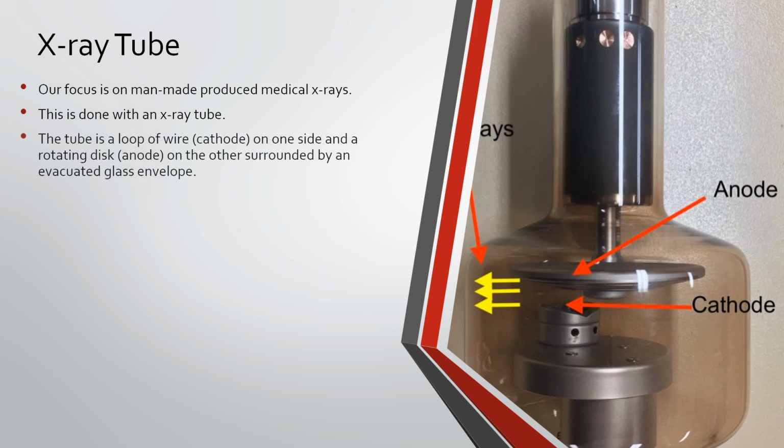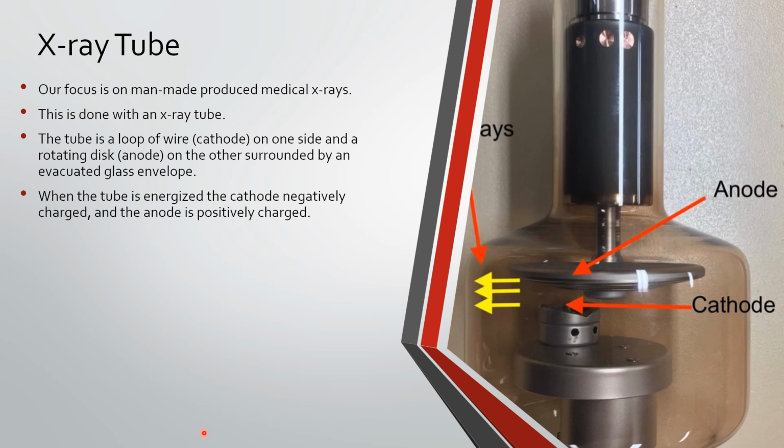This is done with an X-ray tube. The tube is a loop of wires, which is referred to as the cathode, on one side, and a rotating disc, so this disc right here will rotate, and that's referred to as the anode, on the other side, surrounded by an evacuated glass cylinder. Evacuated just means it has no air in it, so it's like a vacuum inside.